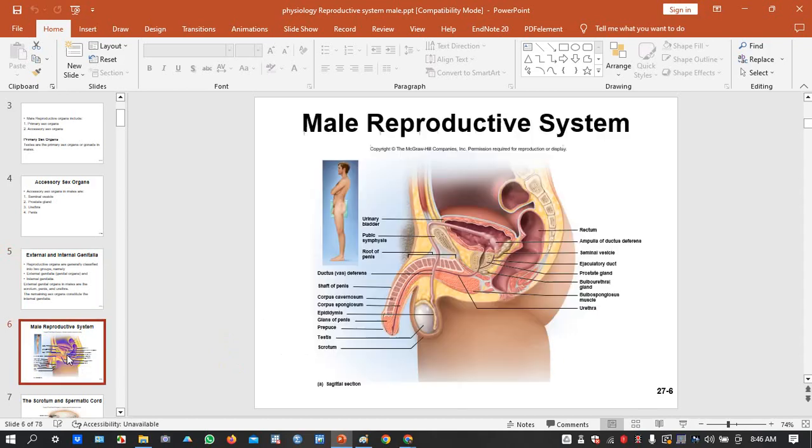So you can see the scrotum is outside the body, the penis and the urethra are outside the body, so they are external. Whereas the prostate and the rest are buried within the pelvic area, so they are internal.